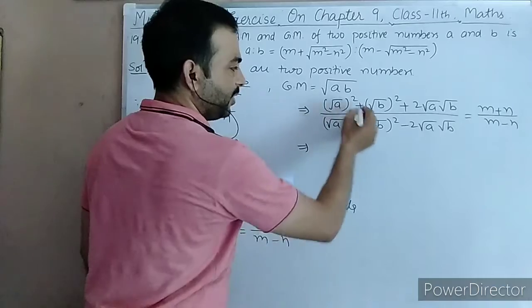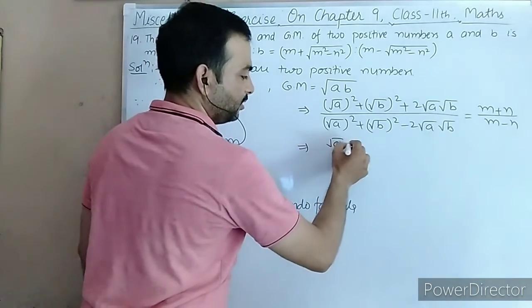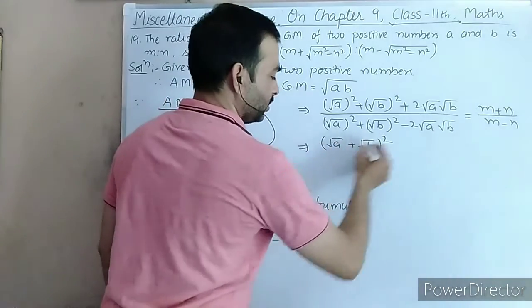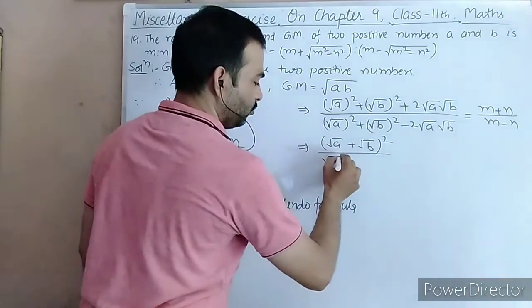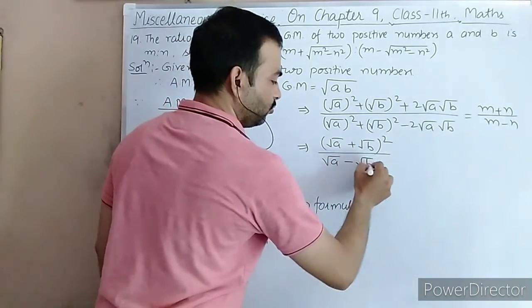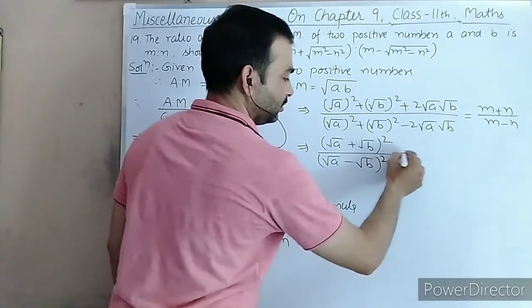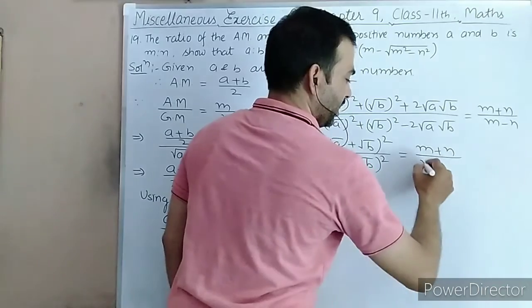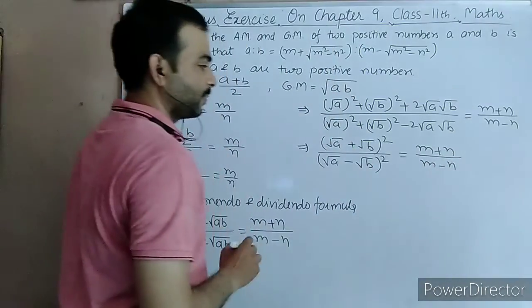Now it will be (root a plus root b) whole square divided by (root a minus root b) whole square, equal to (m plus n) divided by (m minus n).